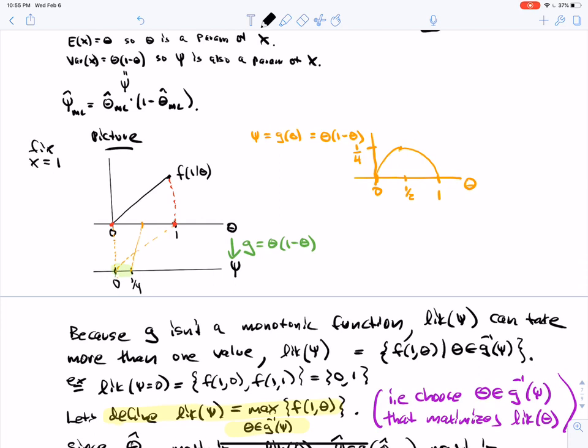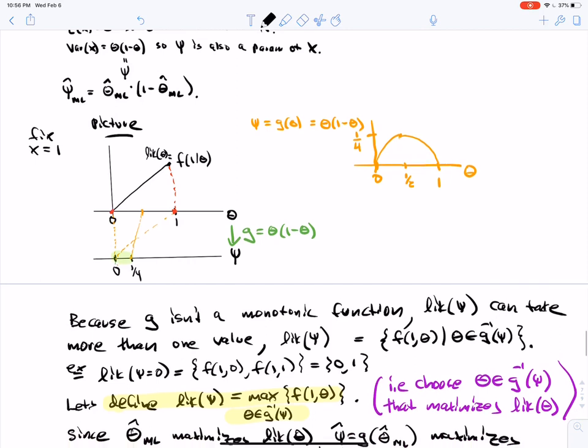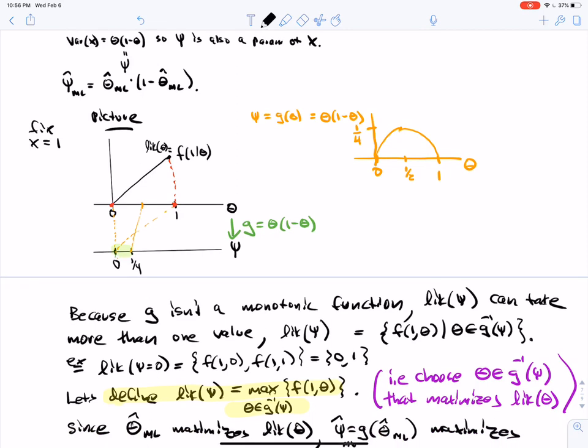So we're just going to concentrate on one of the likelihoods, the one with x is 1. So here's the likelihood drawn here for x is 1. So this is L of theta, the likelihood of theta. And notice that as theta runs from 0 to 1, phi runs from 0 to a quarter. Furthermore, G inverse is possibly many to 1, because G of 0 maps both to 0 and G of 1 maps to 0.